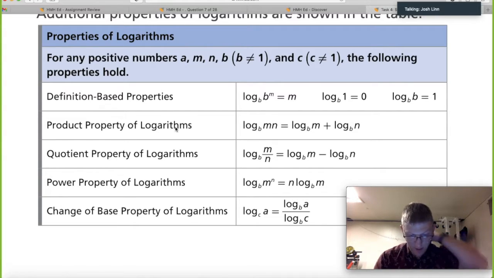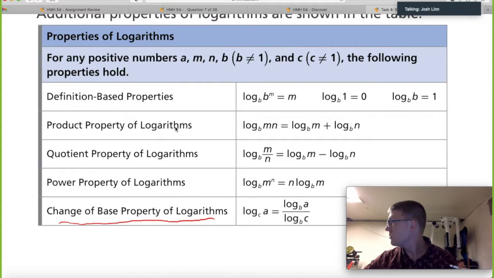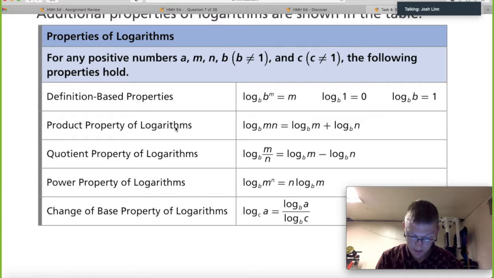And this is going to be, so to change the base of a logarithm, that's going to be very helpful. If you have log base c and you want it to be log base b, you can do that by making log base b of a and log base b of c into a fraction. That's going to be very handy both in proofs but also just in the world of math as we change log.